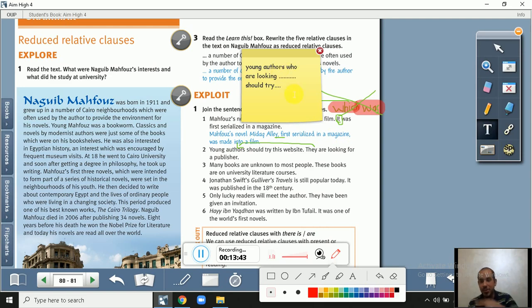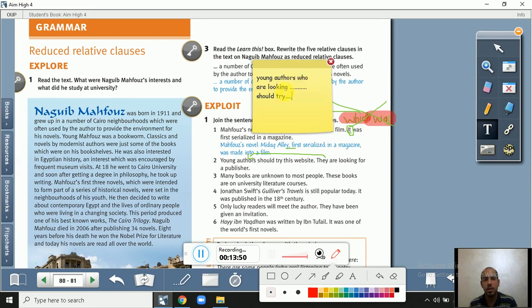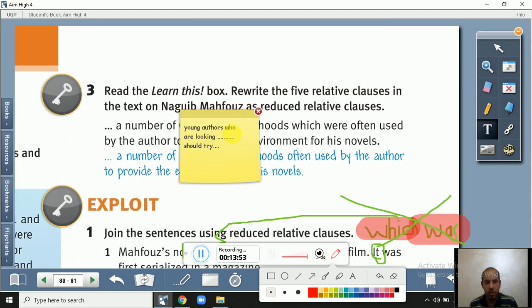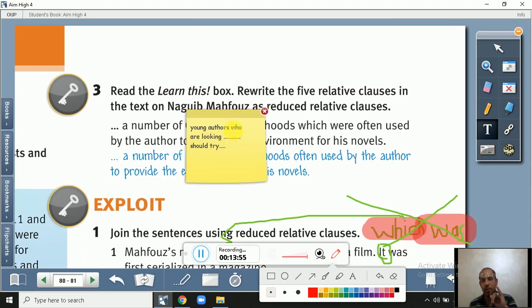Then I'll reduce this sentence. We have the relative pronoun who, and we have the verb to be are, so we can delete who are, because it refers to the young authors. I mean, it refers to the subject. Excellent. So, young authors looking for a publisher should try this website. We can reduce this sentence.